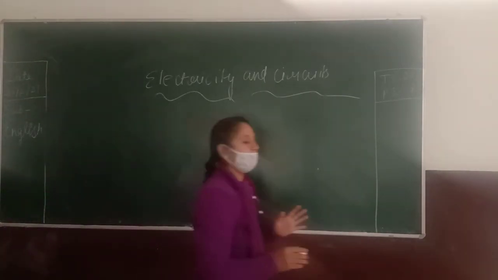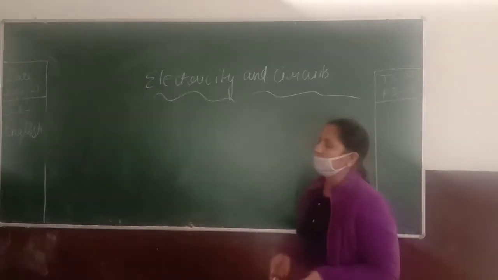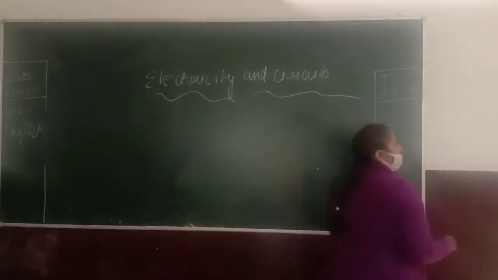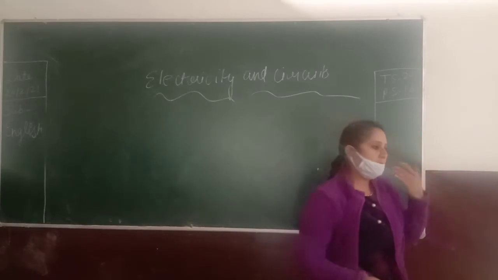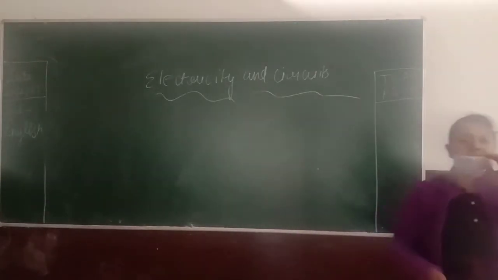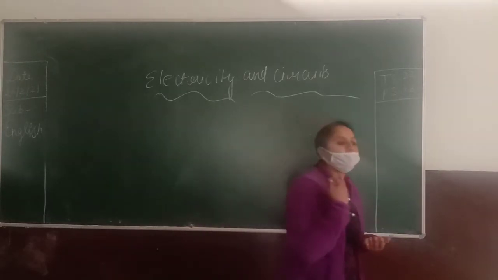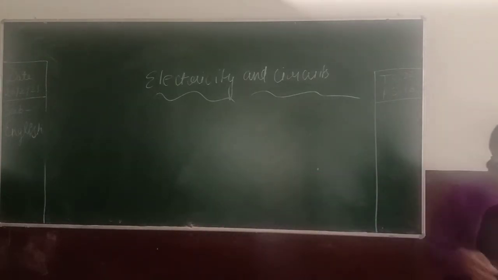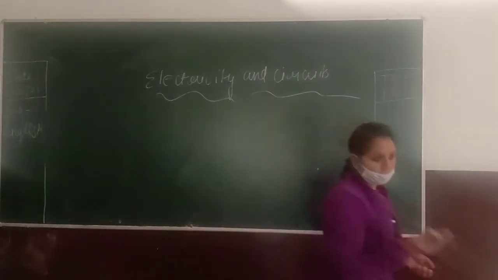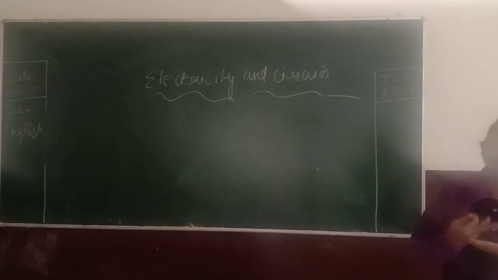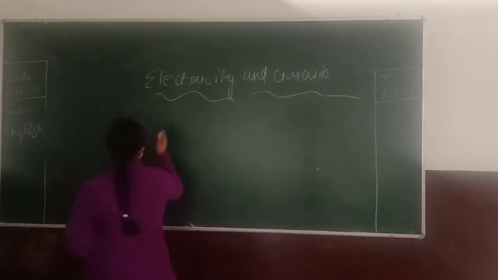You know that electricity is used for running so many devices at your home, in your offices and everywhere, just like your tube light, bulb, fan, washing machine, oven, microwave. Many cooking devices are also run by electricity, and we charge many types of devices by electricity also, just like an inverter. So these are the uses of electricity.